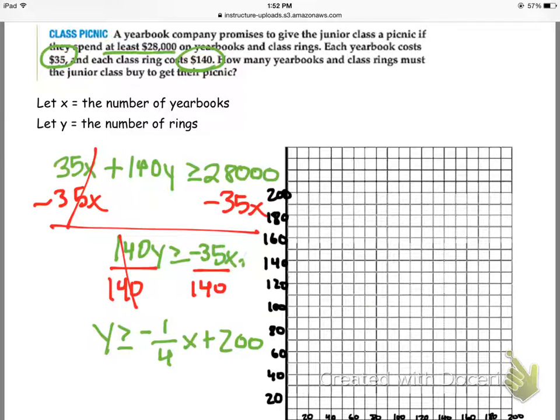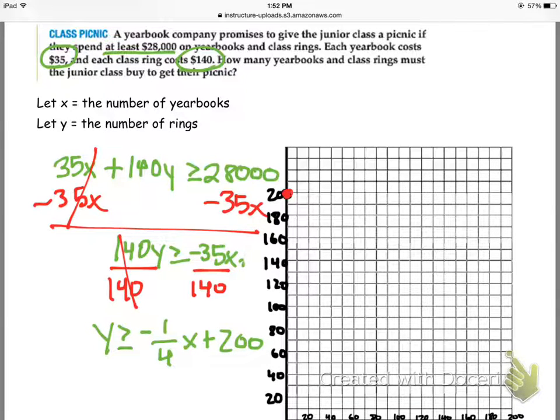For each side, the x-axis and the y-axis, I labeled every other line by 20s, so I guess each line represents 10. Now, if my y-intercept is 200, then I'm going to put a point up here at 200 on the y-axis, and I'm going down one space and to the right 4 spaces.